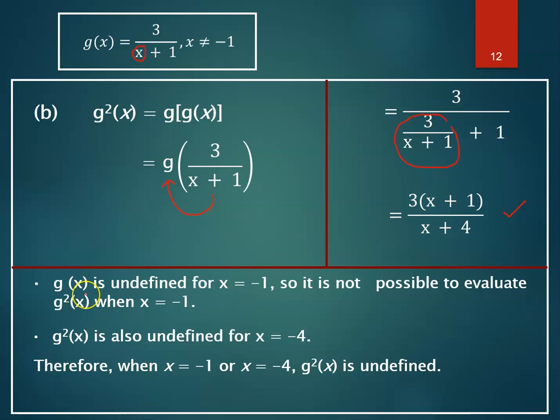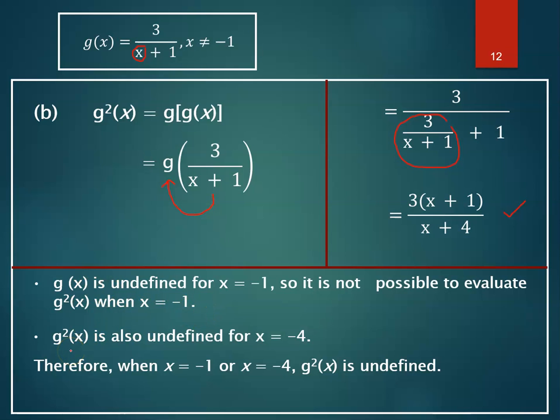So let's see what it states over here. G square x is undefined for x equal to negative 1. Why is it undefined when x equal to negative 1? Because if you substitute x equal to negative 1 over here, this one becomes 0. Okay, so 0 divided by this thing, you get undefined. So it is not possible to evaluate g square when x equal to negative 1.